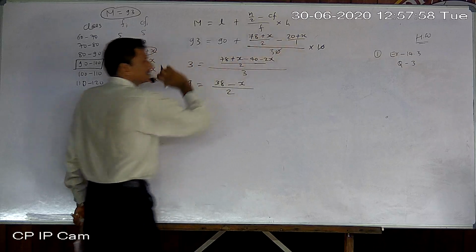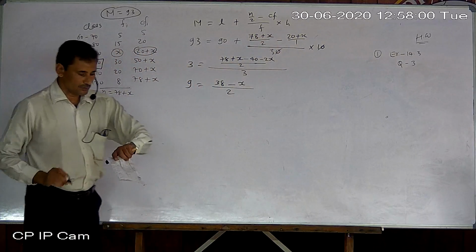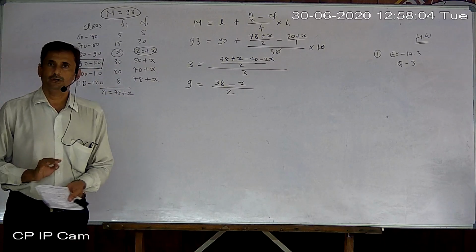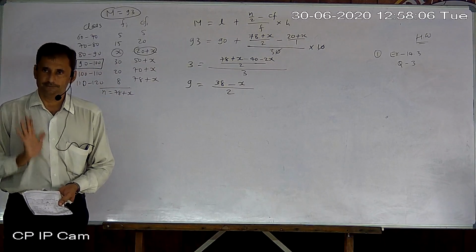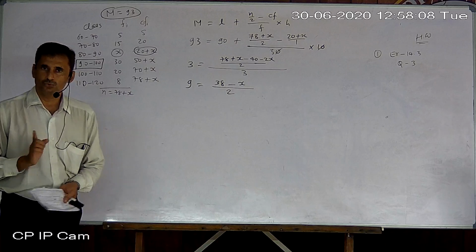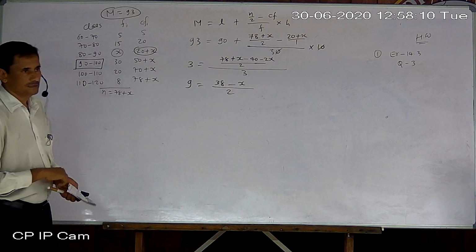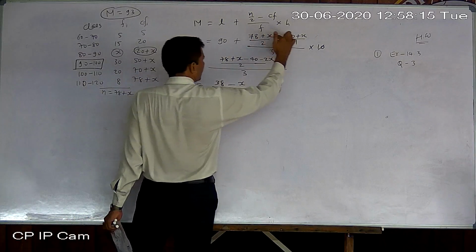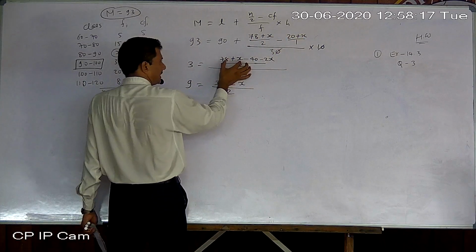Cross multiplication is done here. Why? Addition or subtraction of fractions cannot be done without taking LCM, so we take LCM here, meaning cross multiply. Two terms both are the same. So 78 plus x into 1, so 78 plus x.